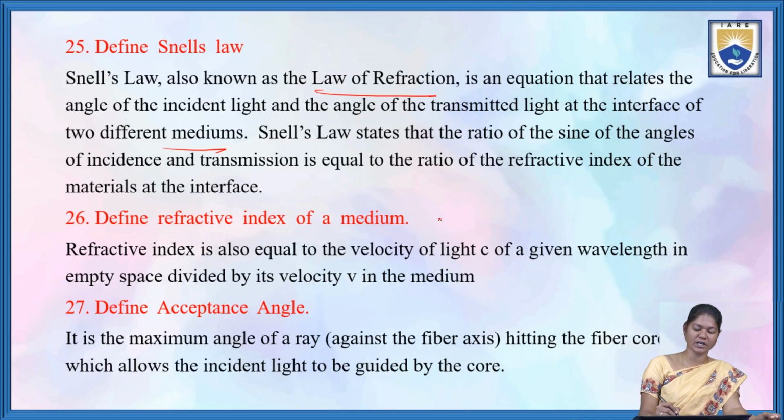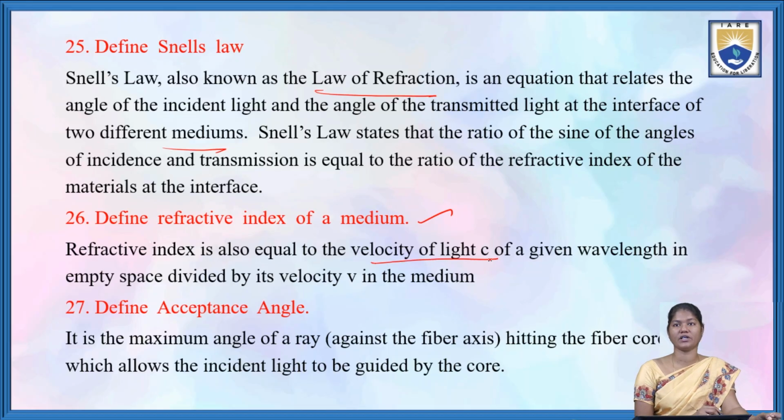Define the refractive index of a medium. Refractive index is equal to the velocity of light c of a given wavelength in empty space divided by its velocity v in the medium. Define acceptance angle.